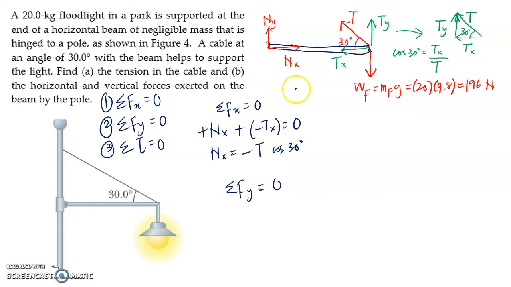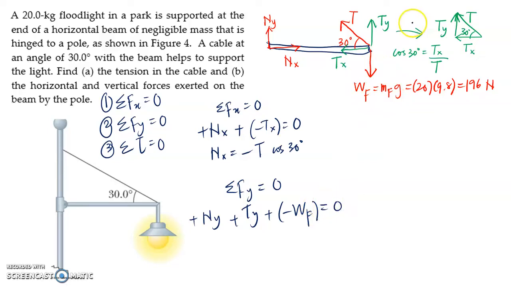If you look at the free body diagram, in total, there will be 3 forces. First of all, Ny, positive because it is upward, plus Ty, also positive because it is in the upward direction, and then plus negative Wf. The reason being that Wf is directed downward.